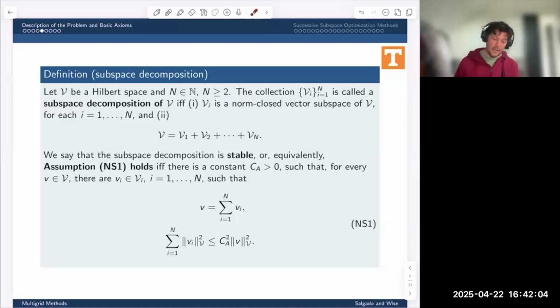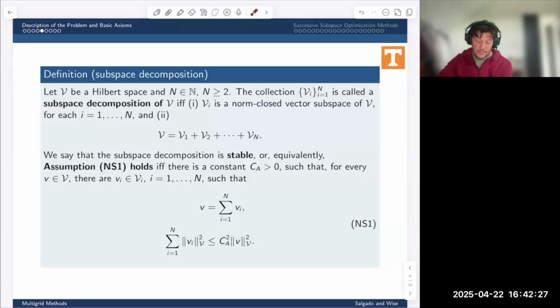But what is it? Let V be a Hilbert space and suppose that N is greater than or equal to 2. We're going to think about decomposing our parent space, sometimes called the ambient space, into a bunch of subspaces.